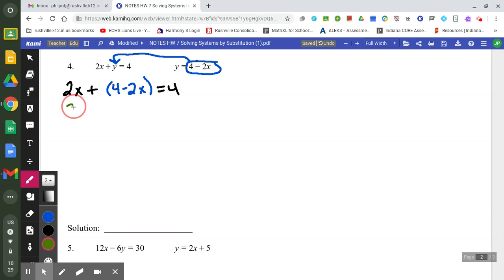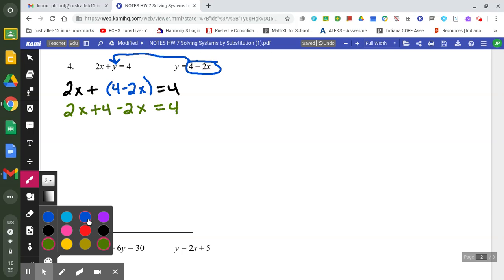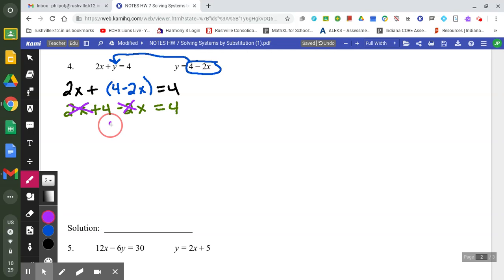So now this becomes 2x. And because this is a plus, I can just rewrite all of this without the parentheses. And now I have 2x minus 2x. And so those actually cancel each other out. So now I have 4 equals 4.